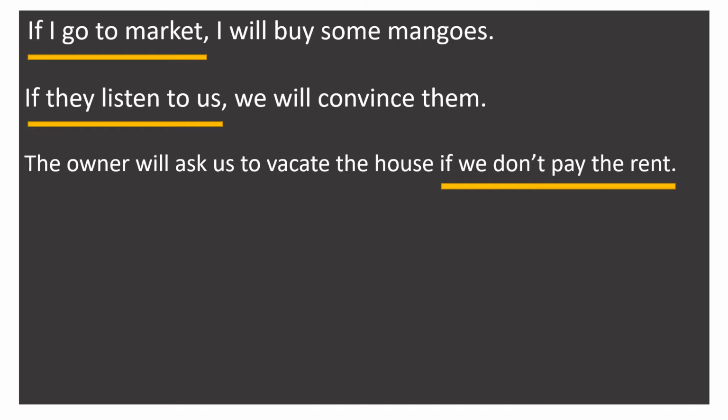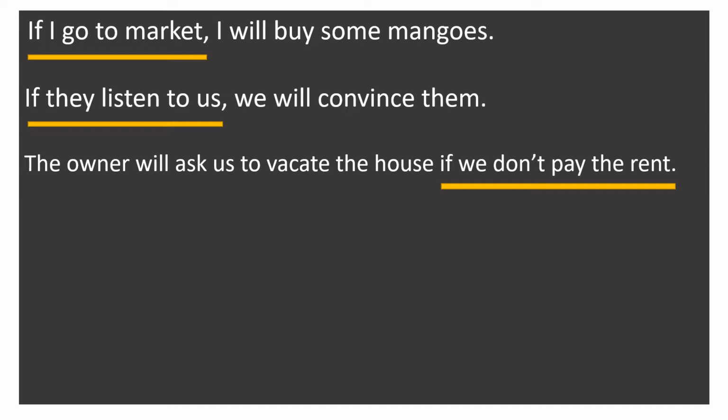Let us see. If I go to market, I'll buy some mangoes. When will the speaker buy mangoes? Only when he goes to market. So to buy mangoes, first of all, he has to go to market. He is planning. He's just thinking of going to market and buying some mangoes. So what is the condition here to buy the mangoes?